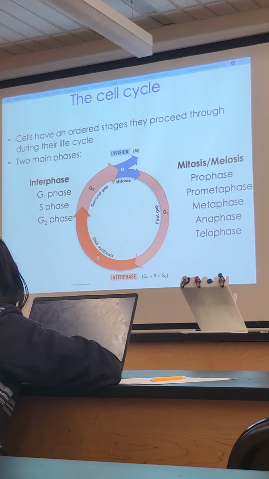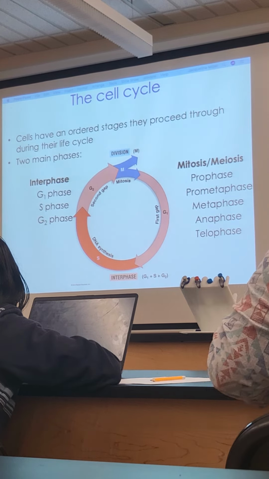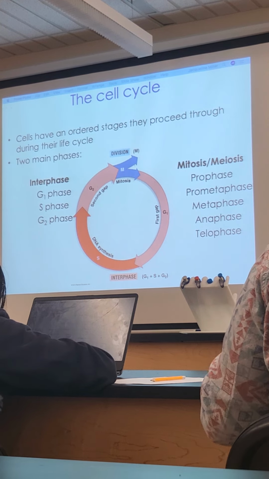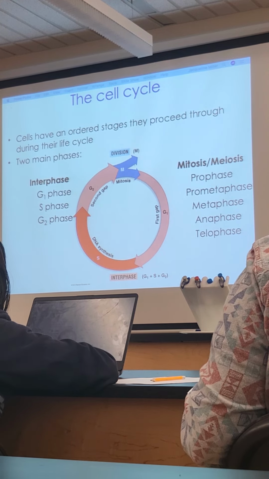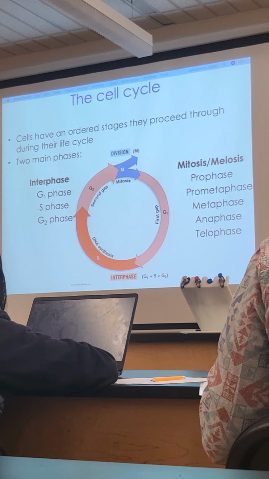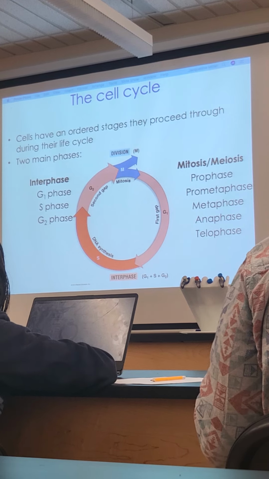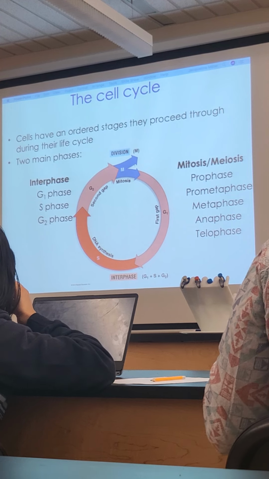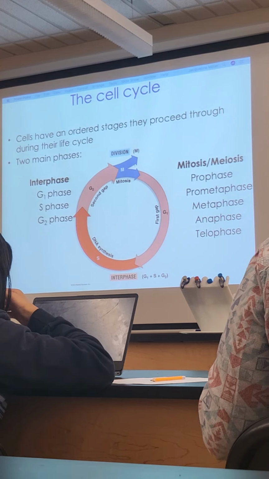So just to start you off, for G1, you have a nuclear envelope, the cell, and then you have 4 chromosomes. At that point, would there be 1 copy or 2 copies of the DNA? There's only 1. So we would have 1, 2, 3, 4.